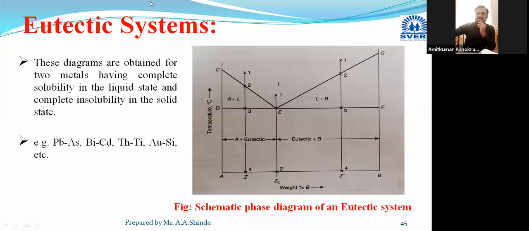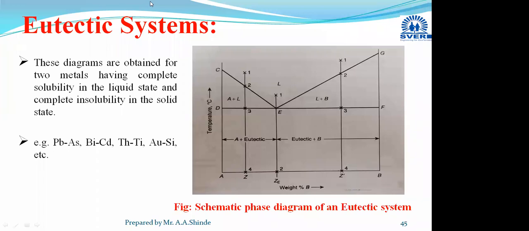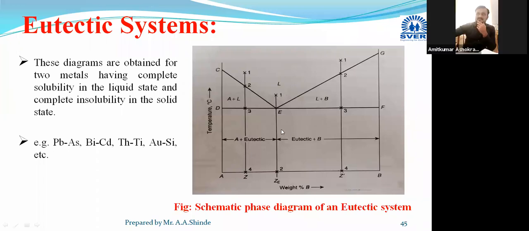Please mention it in the chat box so that I can move to the next point, or I will start the explanation for the remaining two curves and their microstructural changes. Please mention in the chat box that no doubts are there so that I can move forward. Anyone?